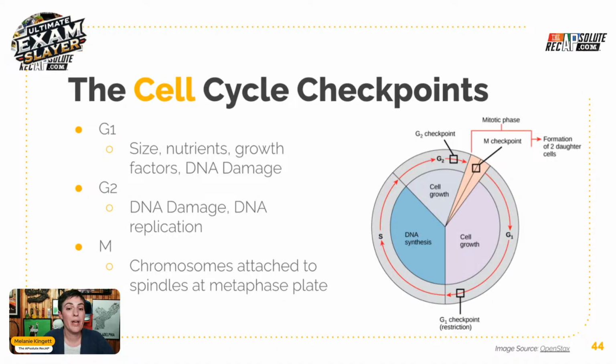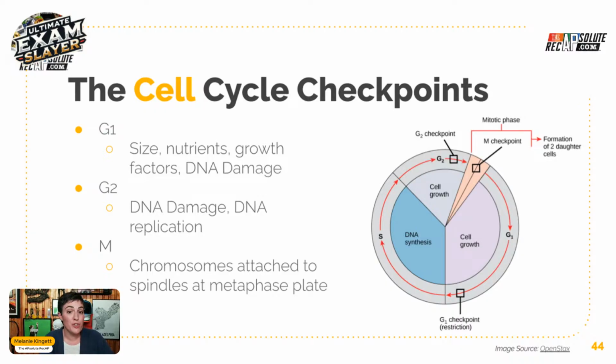If I don't have appropriate cytoplasmic size, that would be an issue. If I don't have chromatids attached to spindle fibers, that would be an issue. So these are all your different checkpoints that you see throughout the cell cycle.